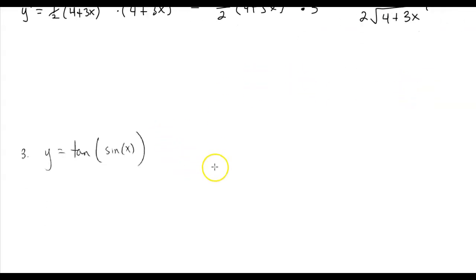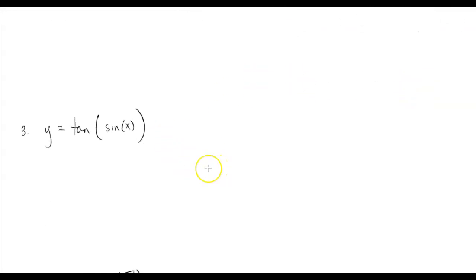All right, so for our next example here, we see that we have a tangent of sine of x. So I'll work this problem up here. If we take the derivative of this, then of course, we want to take the derivative of the outside function with respect to blah. So the derivative of tangent is going to be secant squared of blah times the derivative of blah with respect to x.